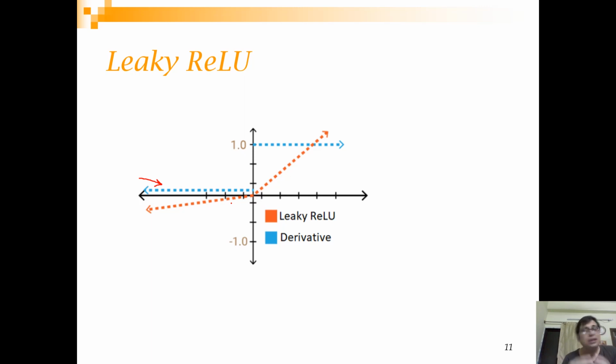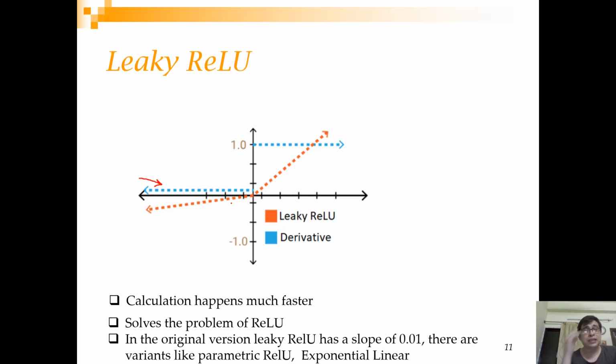So in this case, this will no longer result in a dead neuron. Calculation happens much faster, as in the case of ReLU, and it can solve the problem of dead neurons. And there are some variants of this, a leaky version of ReLU, which has a slope of 0.01.